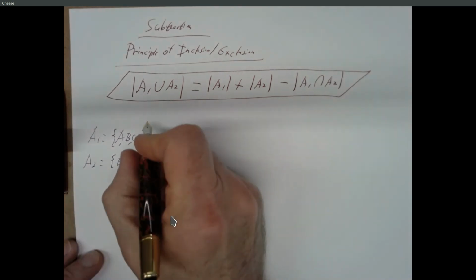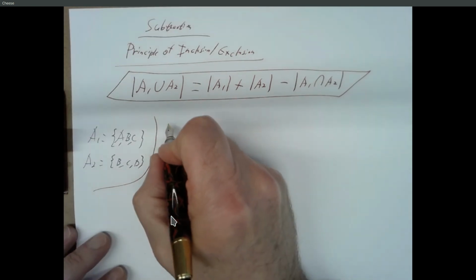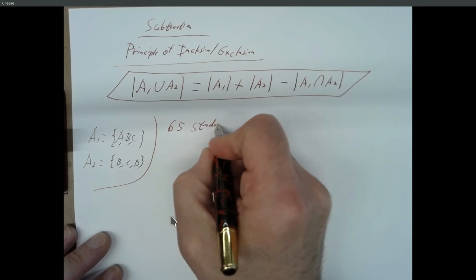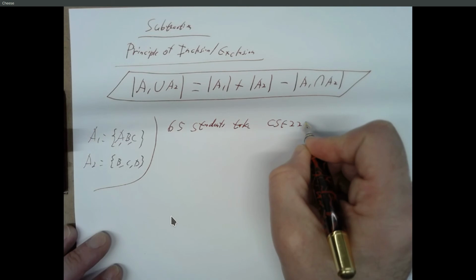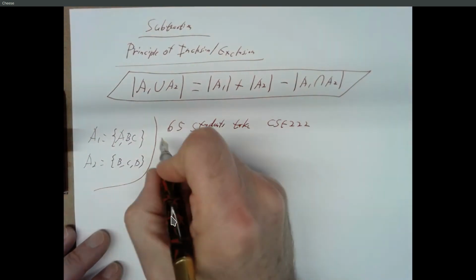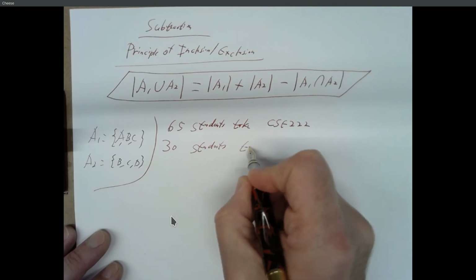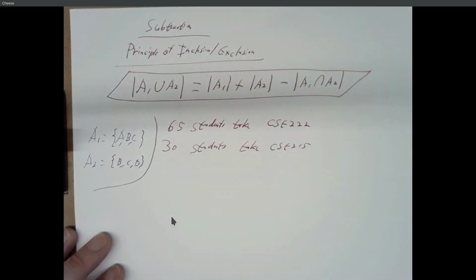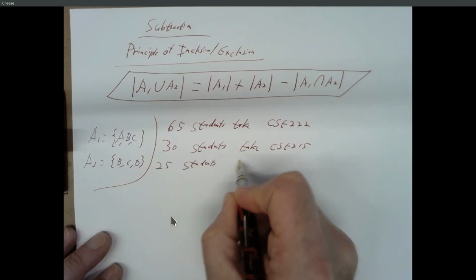So let's do an example. So 65 students take CSE 222, and 30 students take CSE 215, and 25 students take both.